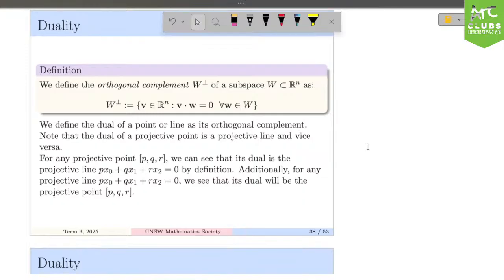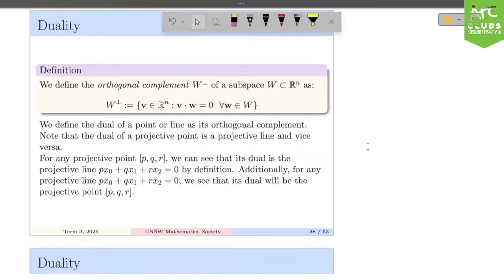Similarly, if we have some line, a projective line defined by ax0 plus bx1 plus cx2, its orthogonal complement is going to be the projective point ABC.